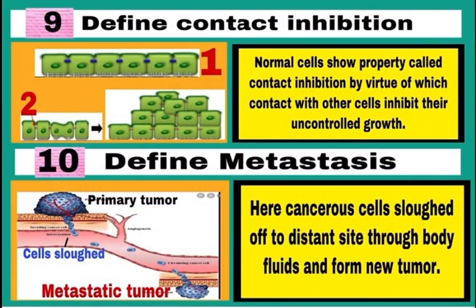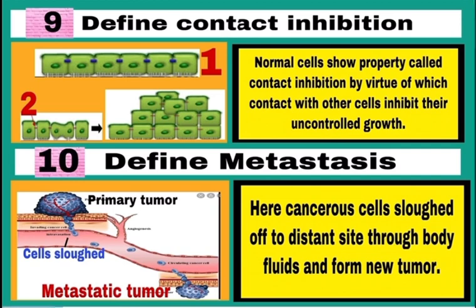Ninth definition, contact inhibition. यह प्रॉपर्टी नॉर्मल सेल्स में होती है. जब सेल्स एक दूसरे के कांटेक्ट में होते हैं, then they do not show uncontrolled growth. So, normal cells show the property called contact inhibition, by virtue of which contact with other cells inhibits their uncontrolled growth.